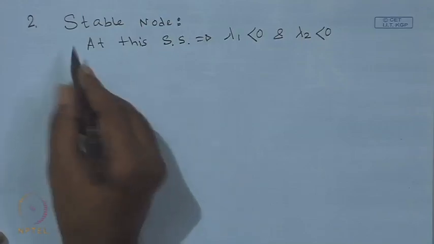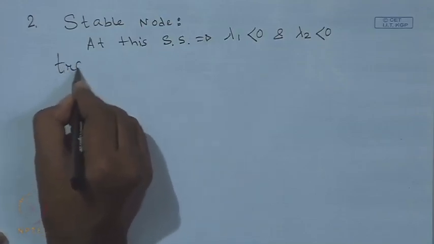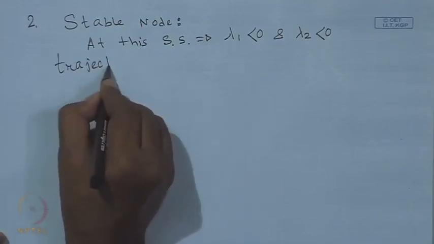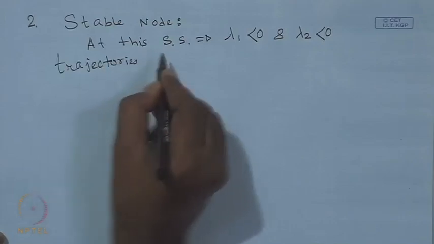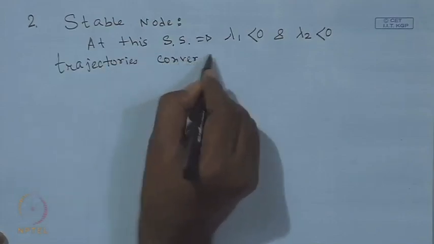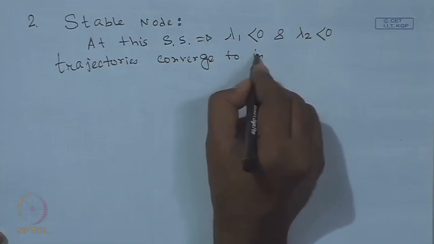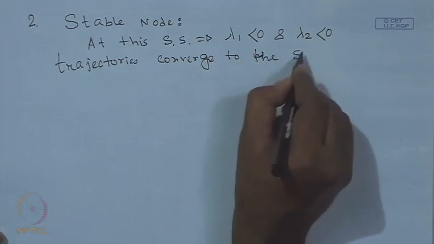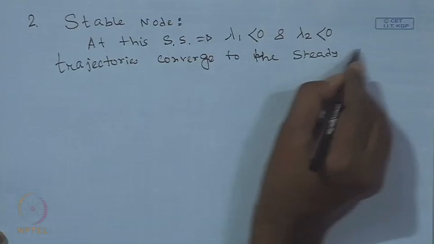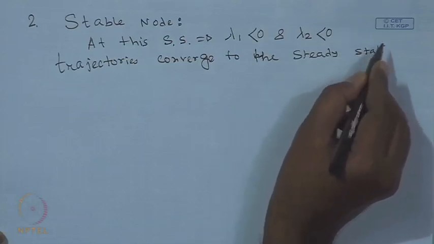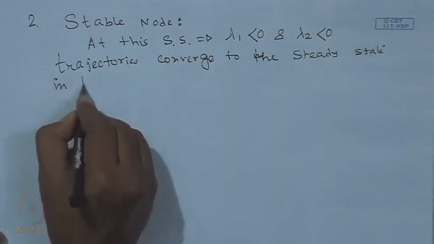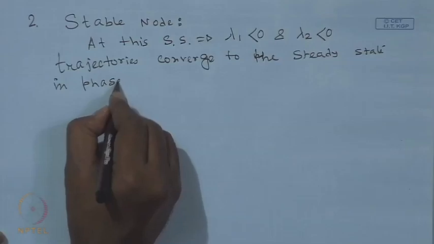That means the trajectories converge to the steady state in the phase plane from all directions.